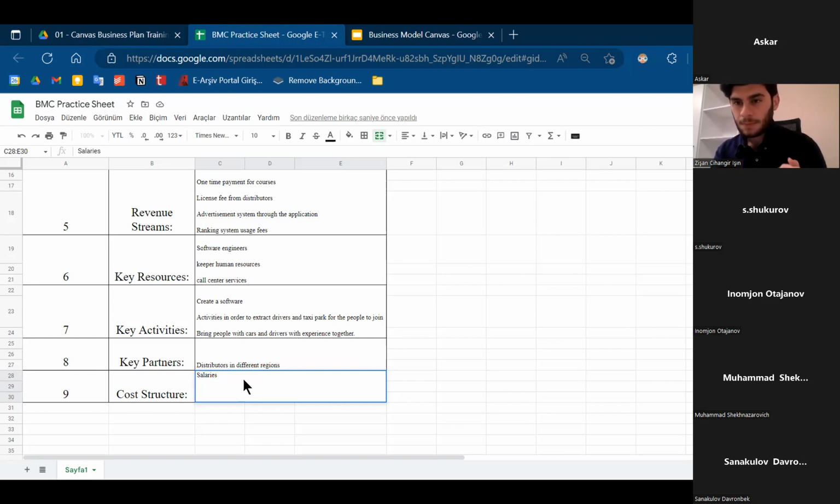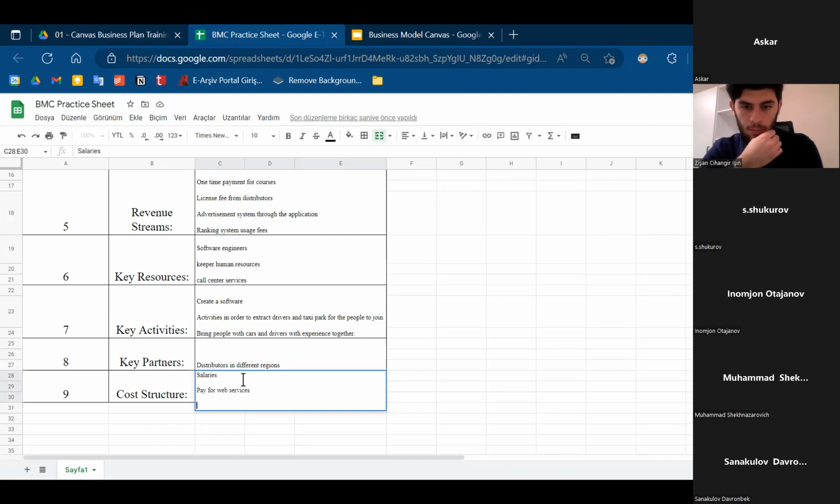Yeah, I need to pay salaries. I need to support our web servers, our web services. And gas expenses, I mean expenses for gas, for oil. In Uzbekistan, we use gas often. Transportation costs. Yeah. What else?